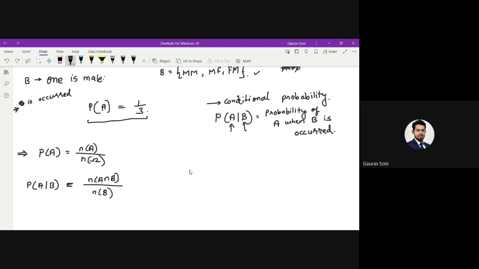Then what we will get is probability of A given B is equal to probability of A intersection B upon probability of B. So this is the formula.